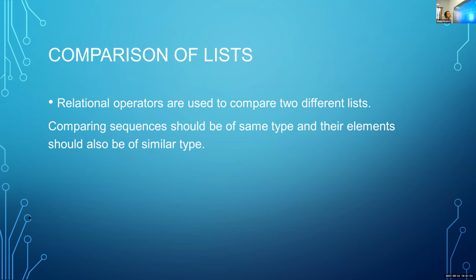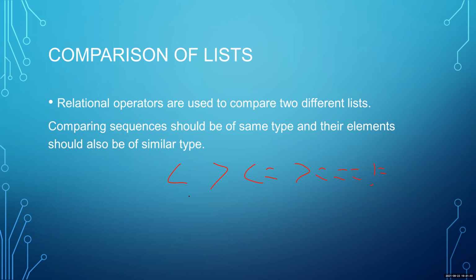Kevin? Give some examples for relational operator. Ma'am, greater than. Yes, correct, Kevin. It is less than, greater than, less than or equal to, greater than or equal to, not equal to.